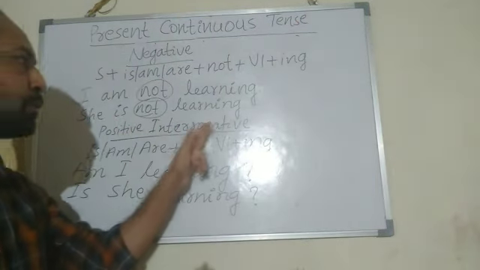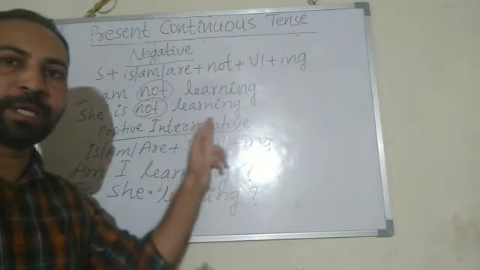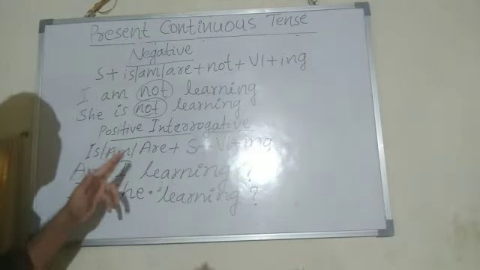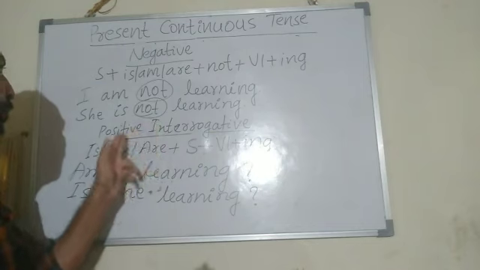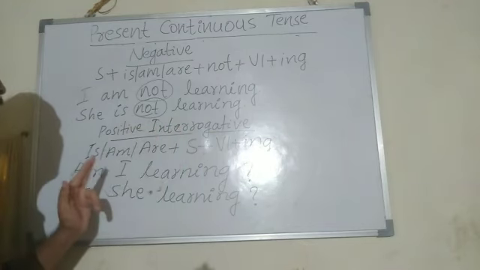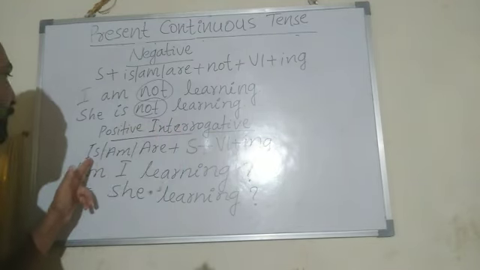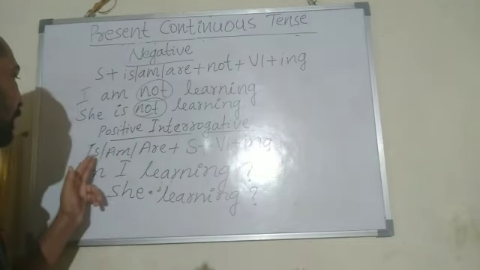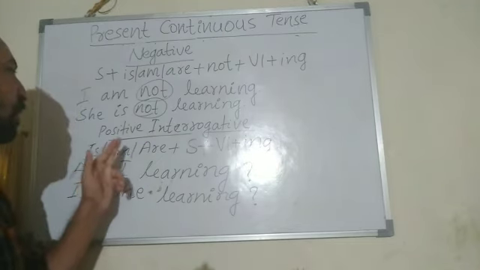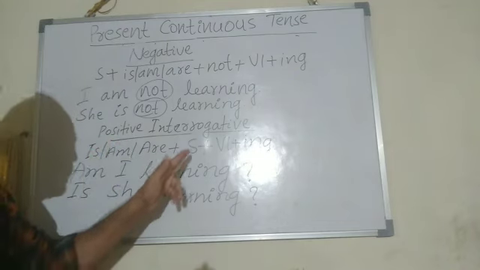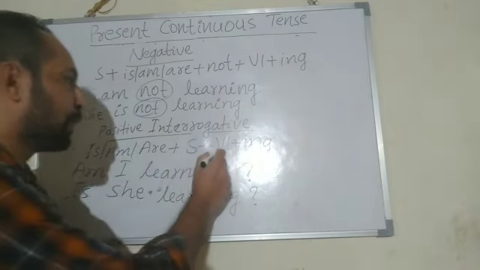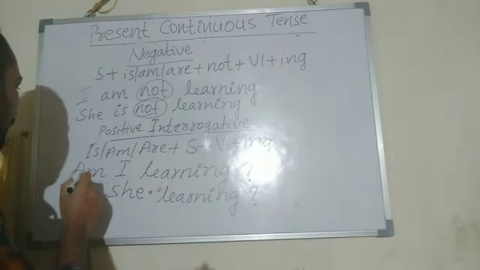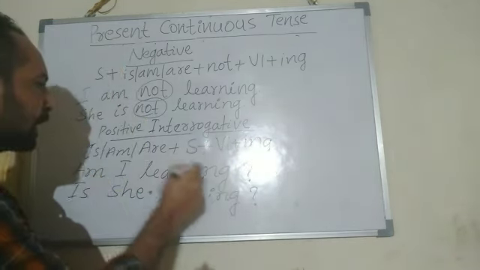Positive interrogative sentence. Interrogative means question type. Okay. So the rule in a positive interrogative sentence: first the auxiliary verb is or am or are, plus subject, plus V1 plus ing form. So the example is, am I learning?